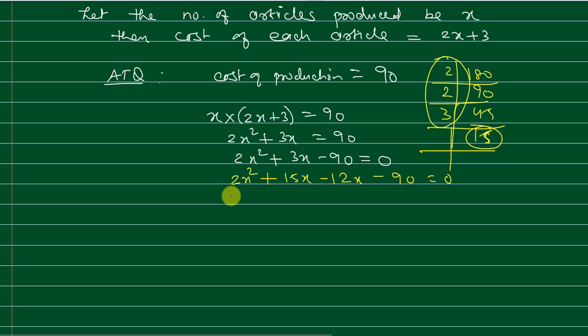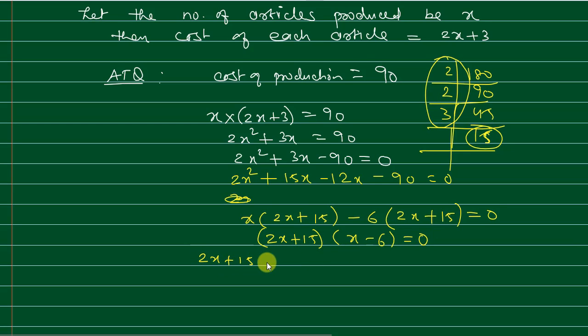That is, if you take x common, what you will get is 2x plus 15, and if you take minus, you can take 6 common, so you will get 2x plus 15. One of the factors is 2x plus 15, the other is x minus 6, that is either 2x plus 15 is equal to 0 or x minus 6 is equal to 0.